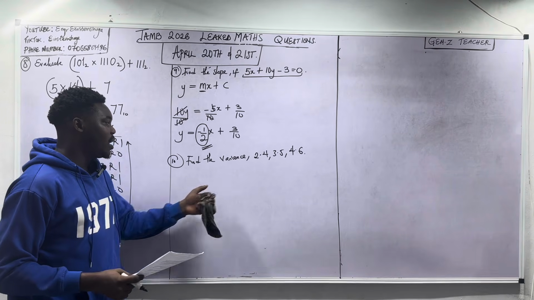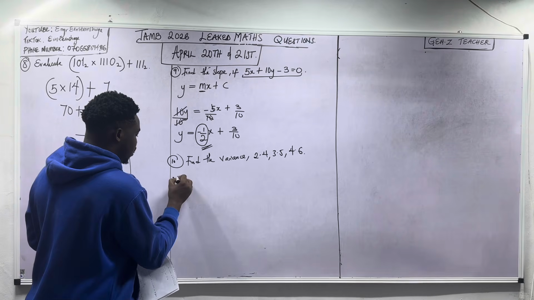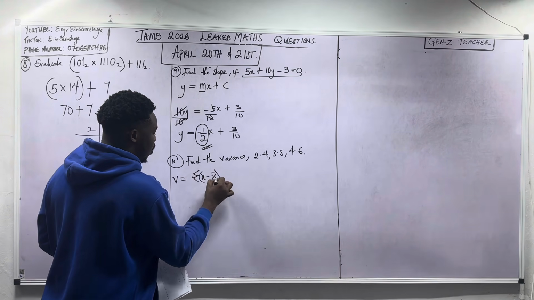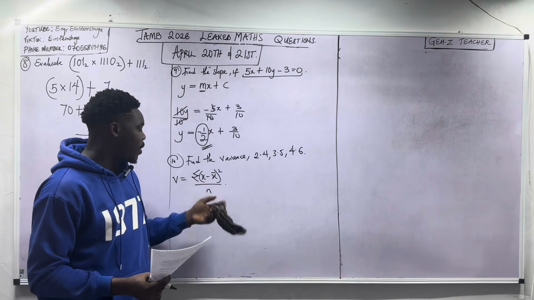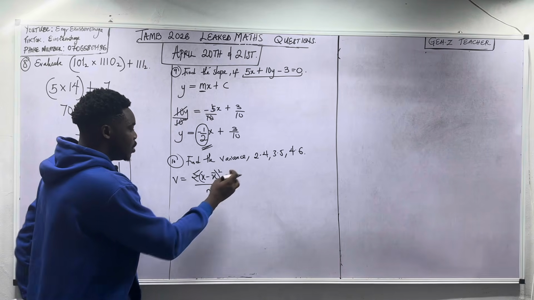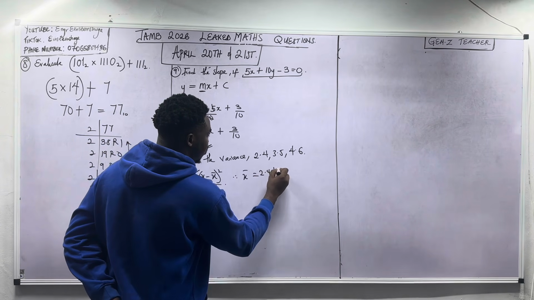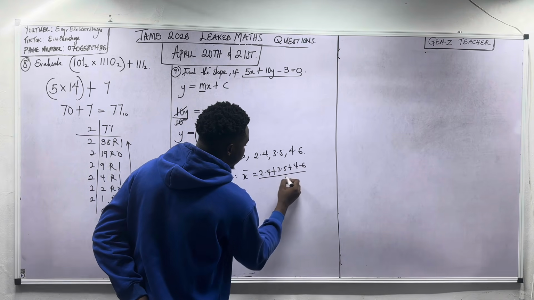Number 10 says, find the variance of these numbers. Now, recall, variance is just the summation of x minus x bar all squared over n. So quickly, we need to find the mean. X bar represents the mean. How do you find the mean? The mean for this expression is going to be 2.4 plus 3.5 plus 4.6 all over 3.